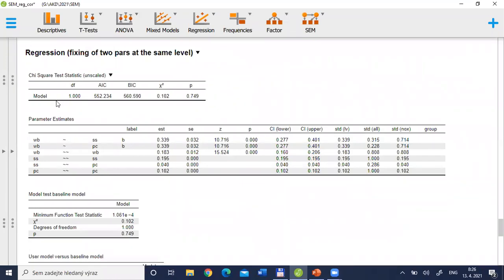You can see 1 degree of freedom. The chi-square test criteria is quite low, and I guess that you can help me to evaluate this model. If the p-value is 0.749, what does it mean? Is it possible that these two regression coefficients are the same or not? What could be my conclusion here?